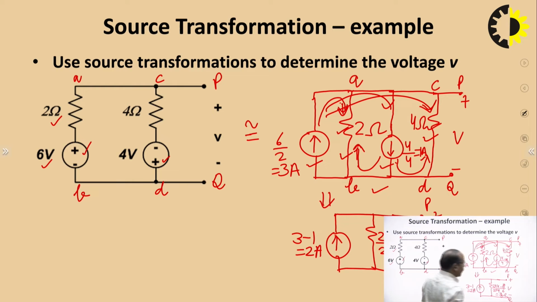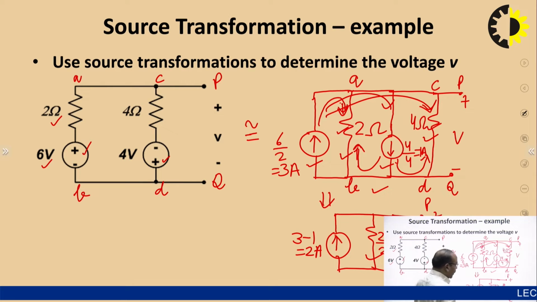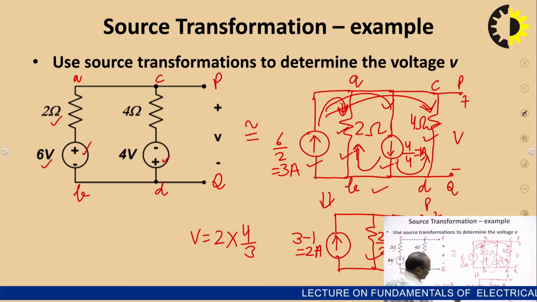So, now from this circuit we can find this voltage V very easily. This voltage V is the voltage across this resistance of 4 by 3 ohm, since this 4 by 3 ohm resistance is directly connected across terminals P and Q. So, we can directly calculate the voltage V across this resistance of 4 by 3 ohm. So, V will become 2 into 4 by 3, since this 2 ampere current is passing directly through this 4 by 3 ohm resistance.